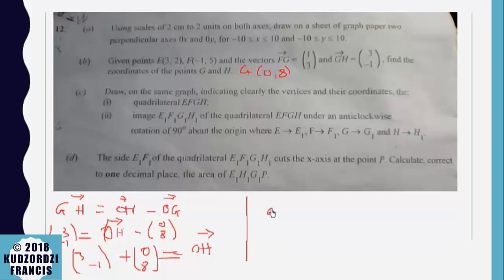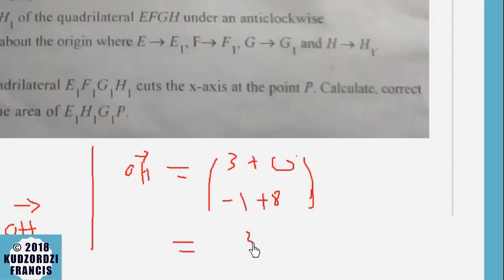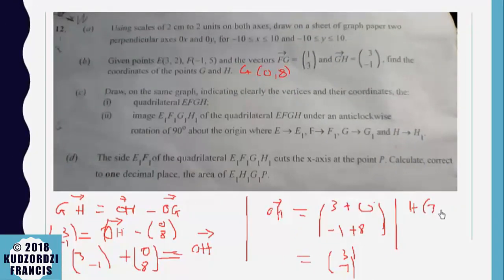So now vector OH will be equal to 3 plus 0, and the y coordinates will be -1 plus 8. Then we can simplify this further to obtain (3, 7). So H has coordinates (3, 7).